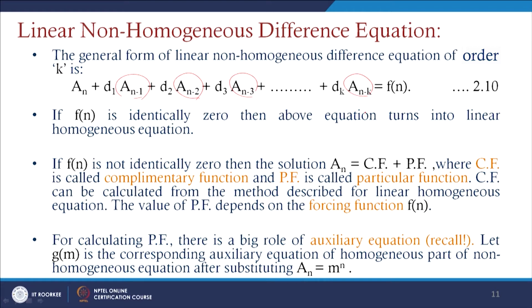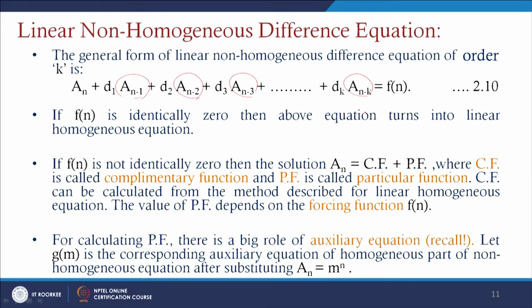If f_n is not identically 0, then the solution of a_n can be defined as the complementary function plus the particular function, where CF represents the complementary function and PF is the particular function.